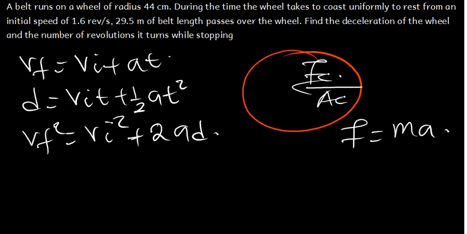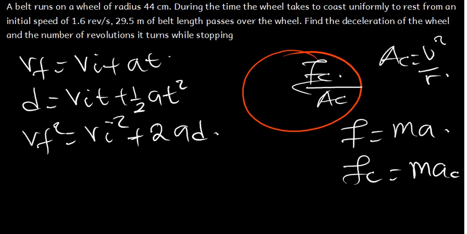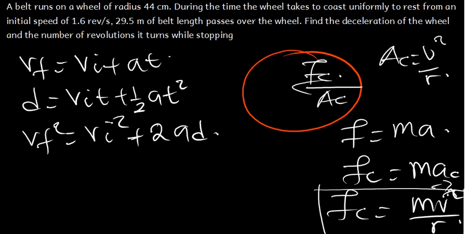But in the case of circular motion, we have centripetal force, which is the mass times centripetal acceleration. Centripetal acceleration is given by v squared divided by r, where r is the radius and v is the linear velocity, the velocity which we know from translational motion. Now, we can replace the acceleration with v squared over r. So the centripetal force is going to be m v squared divided by r. That's where this formula is coming from.